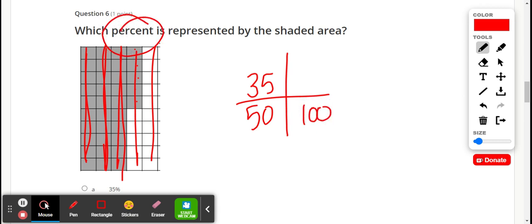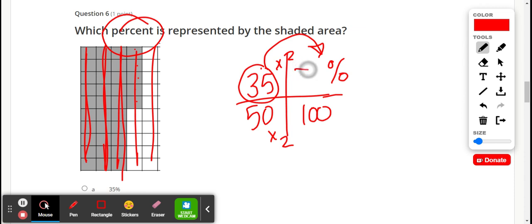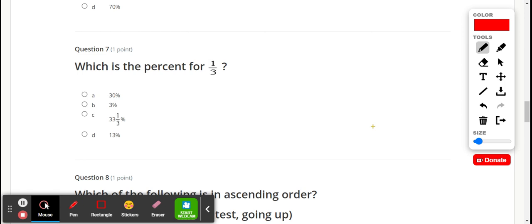Because it's asking for percent, we need a percent fraction, which goes over 100. 50 times 2 is 100. 35 times 2 would be your percent. 50 times 2 is 100. 35 times 2 is 70.